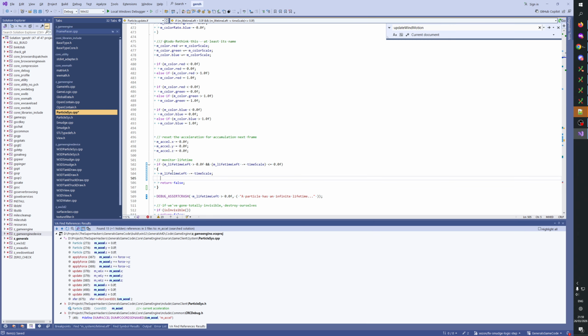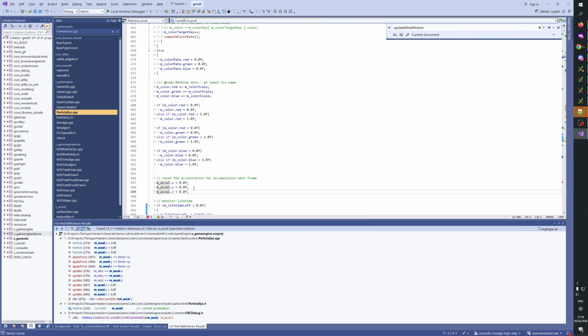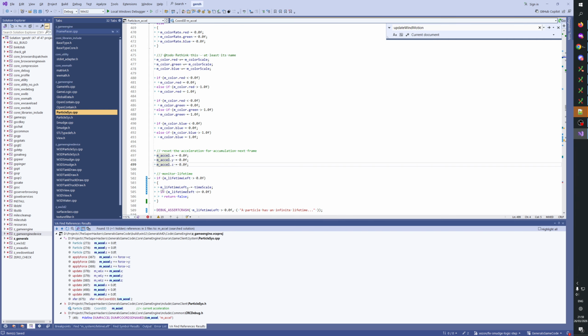So we do that, and then we do: if lifetime left is smaller equal that. Okay. So here the acceleration is reset. Okay. Accumulation next frame.